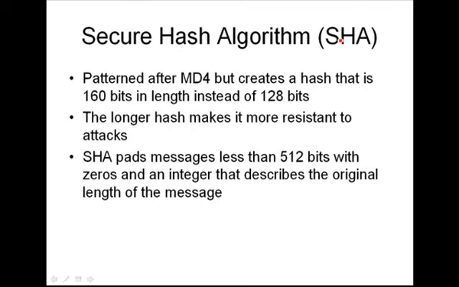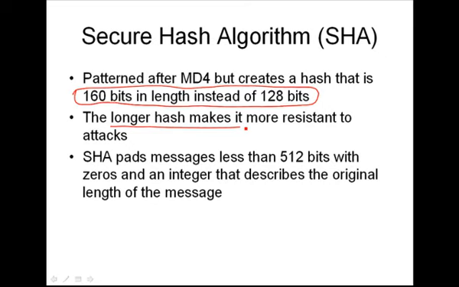Briefly again, here we're going to just mention the SHA algorithm, the SHA. That's the way it's usually pronounced. If you're interested in taking the Security Plus exam, this is the kind of thing you need to know about these algorithms. It's the bit length. SHA1 is 160 bits instead of 128.